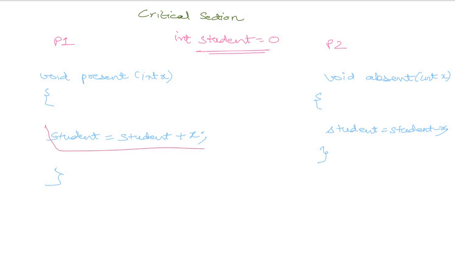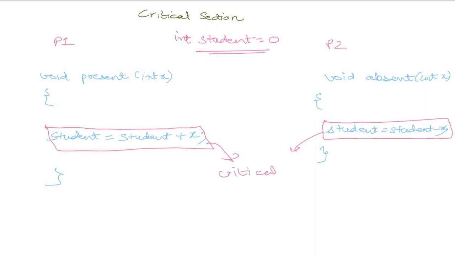So let's say that this part, we can clearly see, is the shared variable part of the code where we are accessing, and here this one. So now these two are the critical sections.